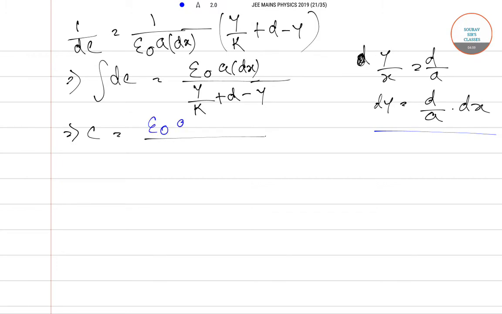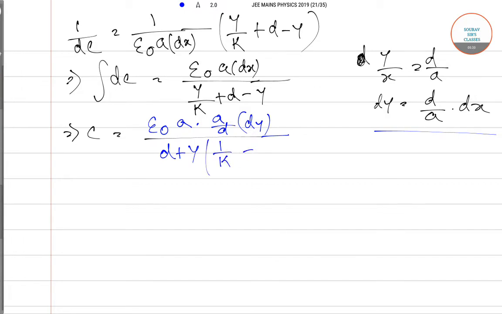So epsilon 0 a into a divided by d, into dy, divided by d plus y, where y has the coefficient 1 by k minus 1. This is the integration over 0 to d, the distance between the plates.